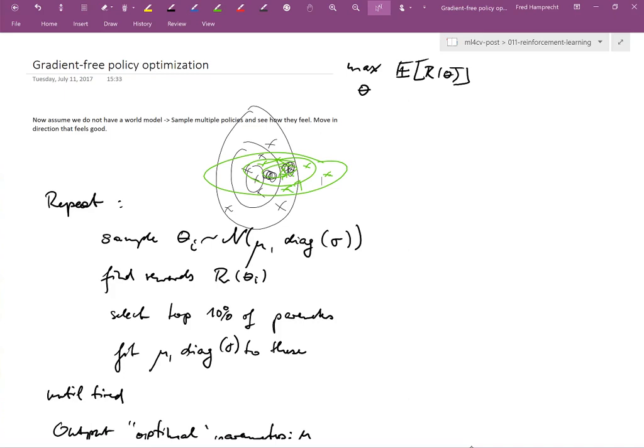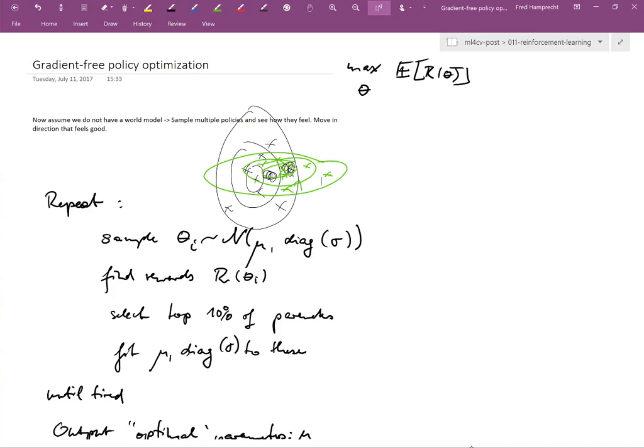And how do we choose the mu and the diagonal sigma in the Gaussian? Initially, you mean? Well, initially, we just guess some parameter. Let's say in the worst case we make every theta identical to 1, and the diagonal matrix initially will just be all ones, and that's it.